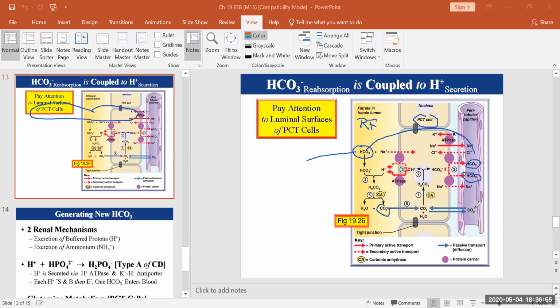Okay. So that bicarbonate wasn't new. It's just reclaimed, reabsorbed. This bicarbonate was filtered. This bicarbonate here is reabsorbed, not absorbed, reabsorbed.